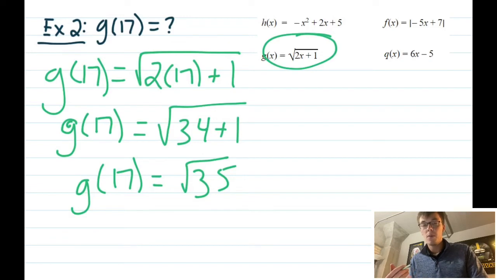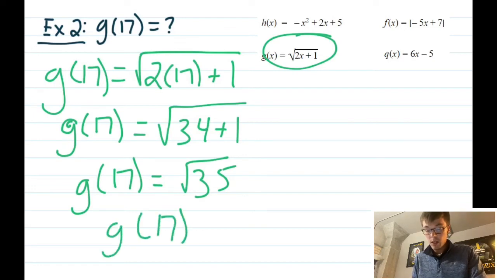All you have to do is type that in a calculator. I don't know the decimal off the top of my head, but you should get 5 point something. So the input is 17, the x value, and the output, g of 17, equals 5 point, and then whatever the decimal is from the calculator.